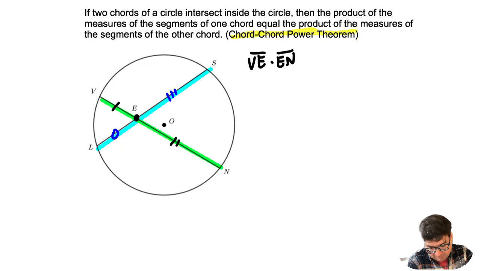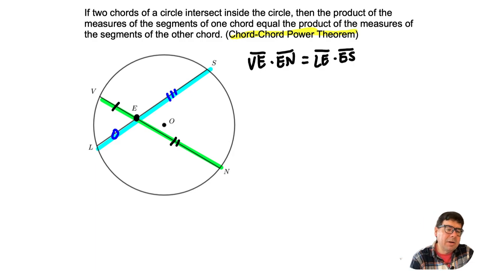So I'm going to write that down. VE times EN equals LE times ES. I try to label them all differently because we don't know if the segments are equal. We just know that their products end up being equal.